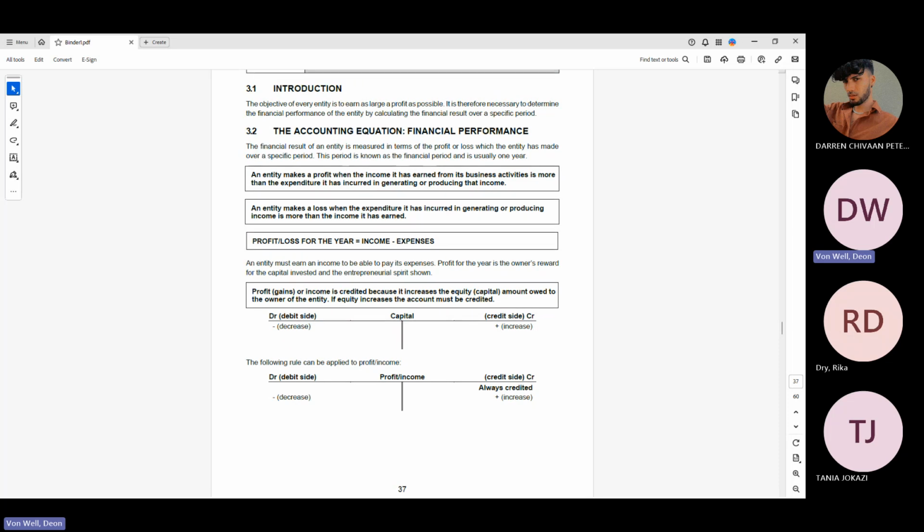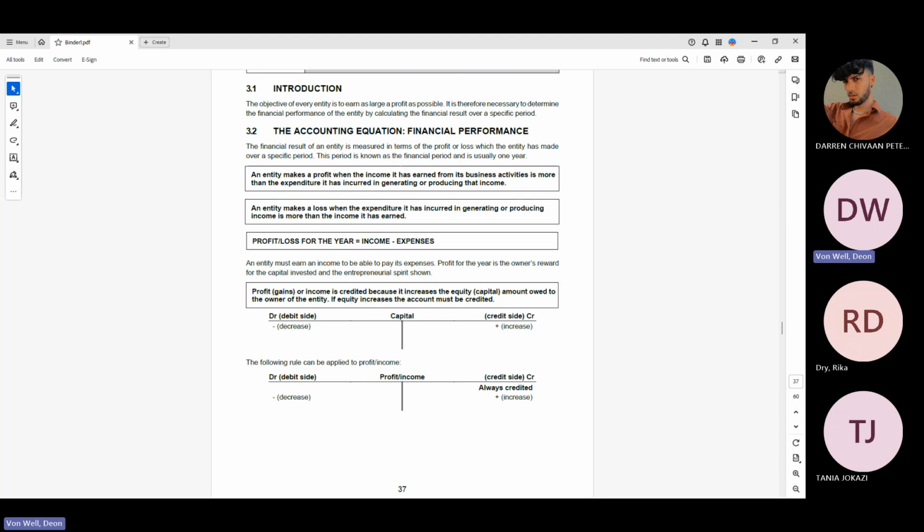Now, just remember that at the beginning I said my equity is also influenced by my income and my expenses. When I make a profit, it will go to the credit side of my capital account.